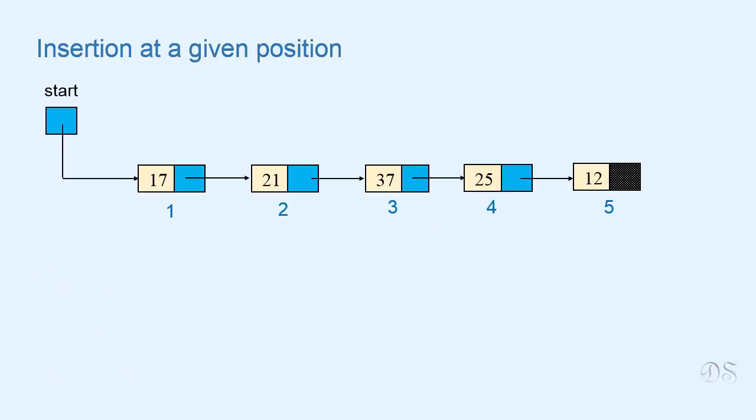Now let's see how we can insert at a given position in the list. Suppose we are given a value k and we have to insert a new node at the kth position in the list. If the value of k is 4, then in this list we have to insert a new node here. So the position of the new node will become 4, the position of this node will become 5, and the position of this node will become 6. So that means we have to insert a new node between these two nodes. And for that we need a pointer to this node.